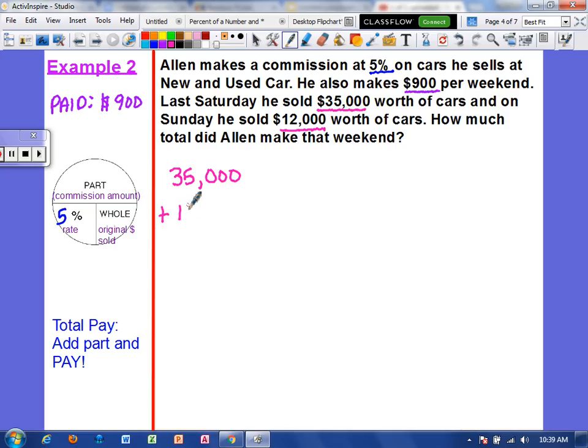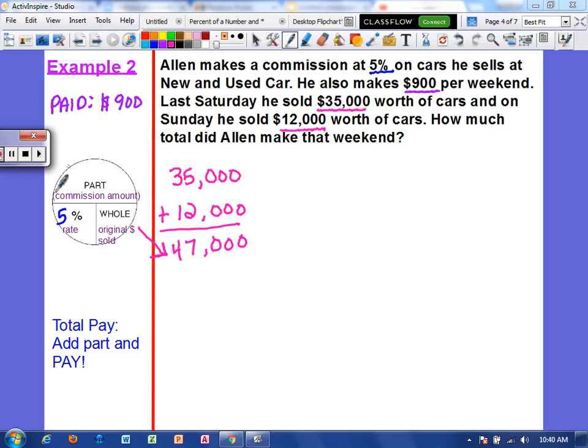So let's go ahead and do that. 35,000 plus 12,000. 5 plus 2 is 7. 3 plus 1 is 4. So the original amount that he sold would be $47,000. So we have our rate, the percentage, and we have the whole.